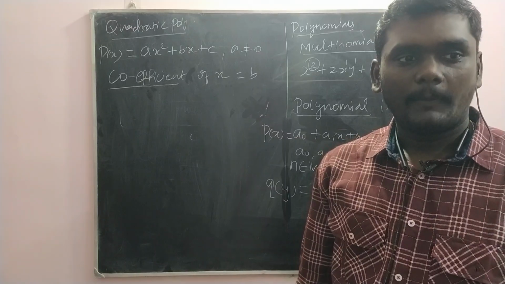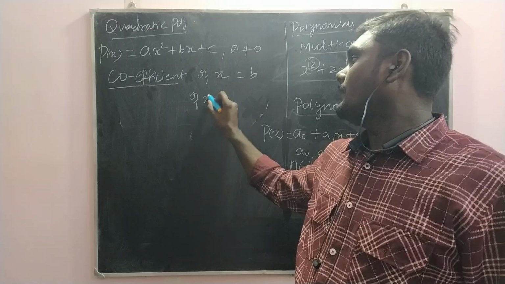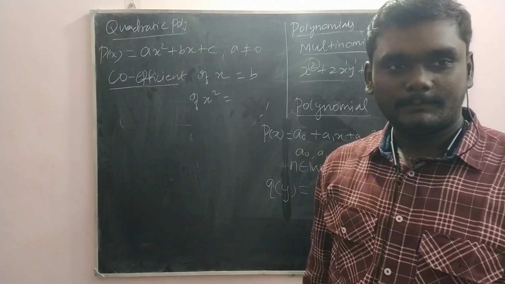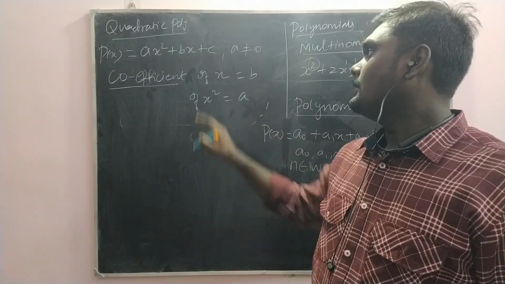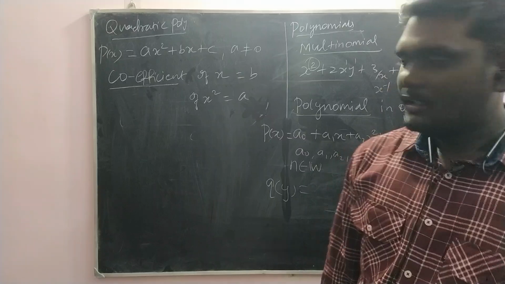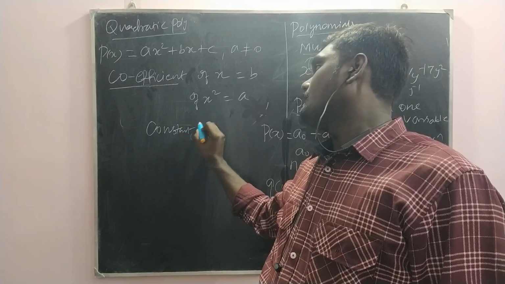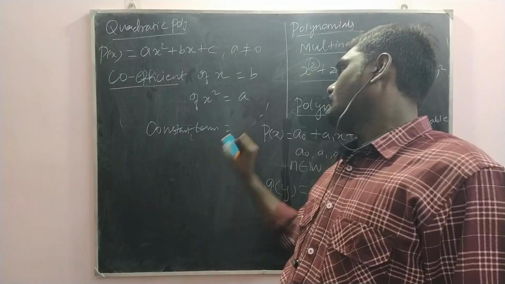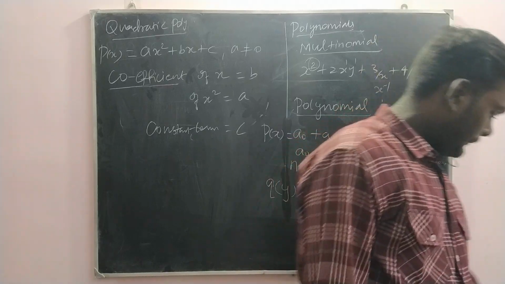It is b. Likewise, the coefficient of x square means who is accompanying x square? a. Then how do we call c? There is no x, no one is accompanying it. It is a constant term.